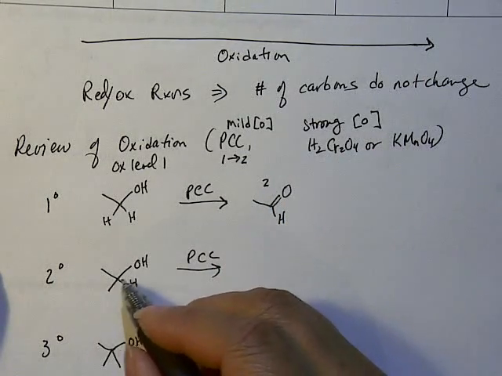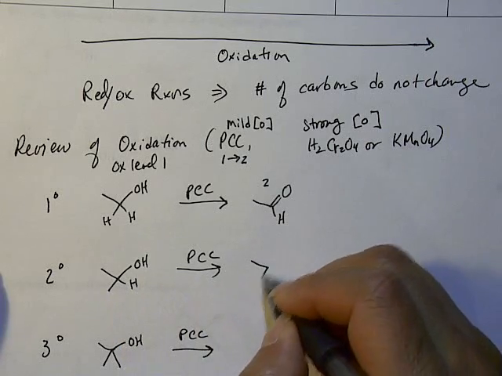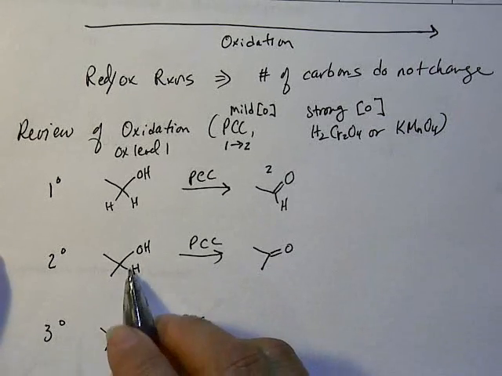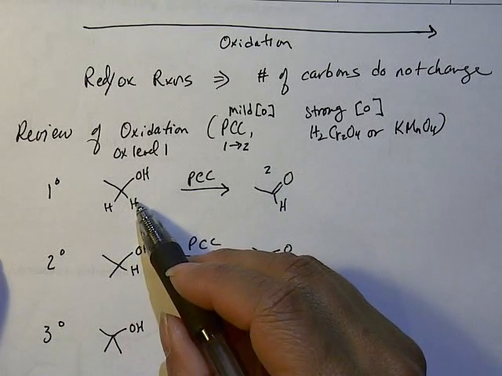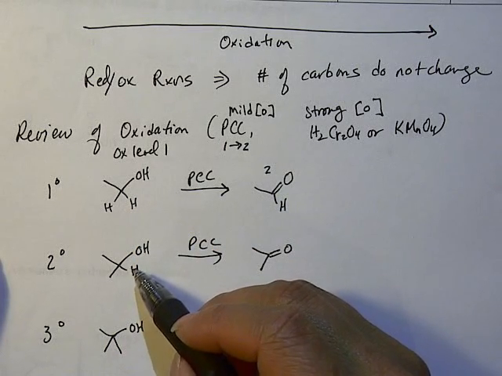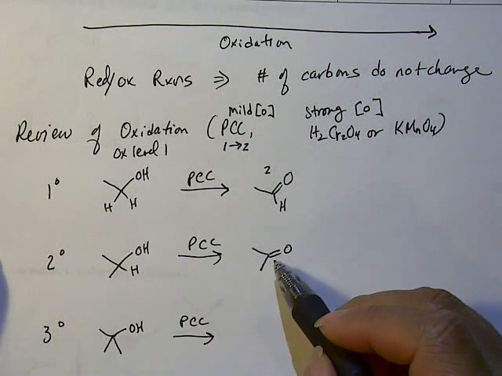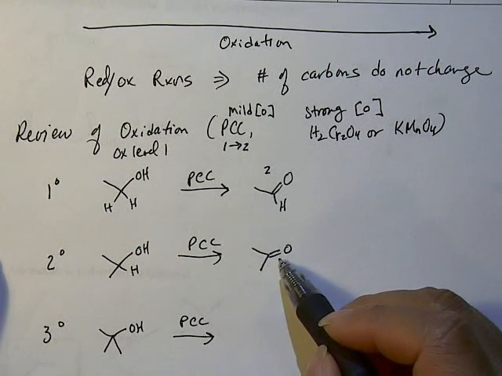So if you do the same thing with this secondary alcohol, in order for you to form the double bond, you have to keep getting rid of the hydrogens. There's only 1 hydrogen in a secondary alcohol, so after this oxidation, you're done.